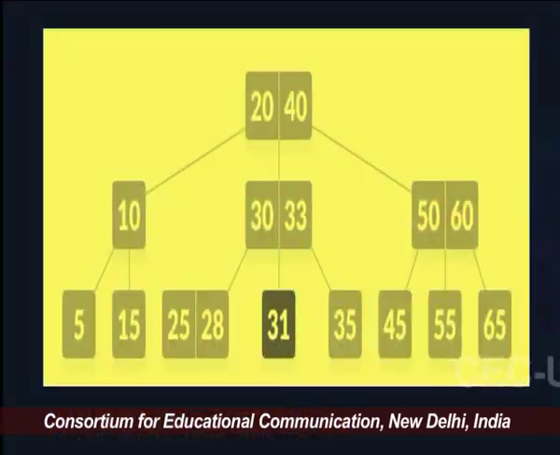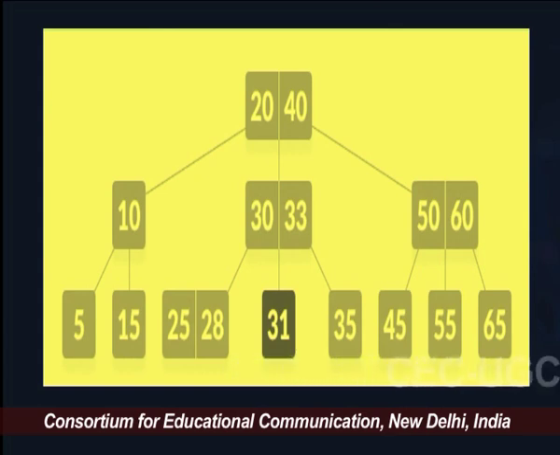Please look into the tree and see that on the left side of 30 there will be 25, and if 28 is given to the node where 31 is present, 28 will take a position to the right of 30. That is again not acceptable, and that should not happen.